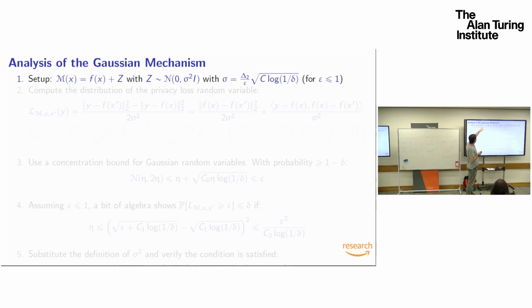We have an f that we're interested in computing and releasing privately, so we add some noise Z, and this Z is drawn from a normal distribution, a Gaussian distribution, with diagonal covariance matrix with parameter sigma squared. And sigma is the L2 sensitivity divided by epsilon times something that depends on delta. By the way, I should mention that this only holds for epsilons bounded by something, and we're going to assume it's 1 in this proof. So this doesn't work for all epsilons.